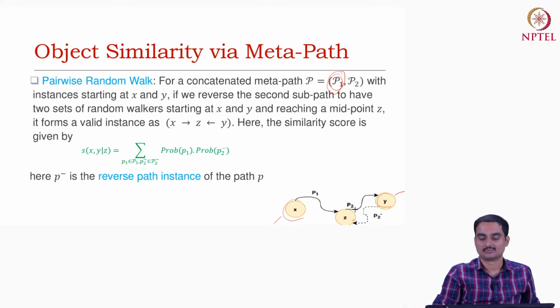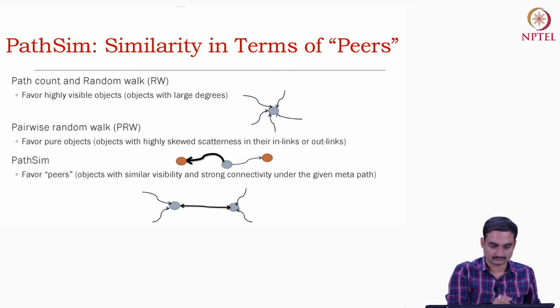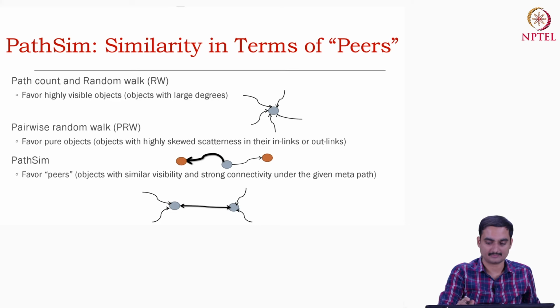In other words, what is the probability that I start from X, follow metapath P1, reach Z, follow metapath P2 inverse and reach Y? What is this combined probability? This is called pairwise random walk. Okay. So path count and random walk, you can define in this particular way.